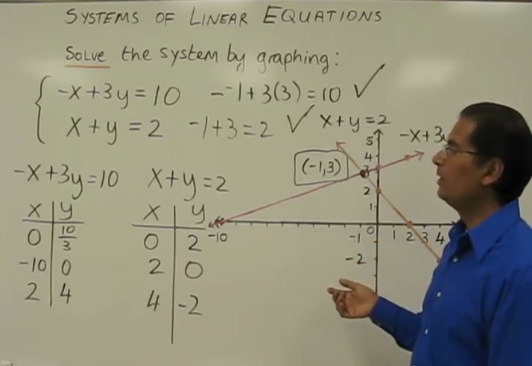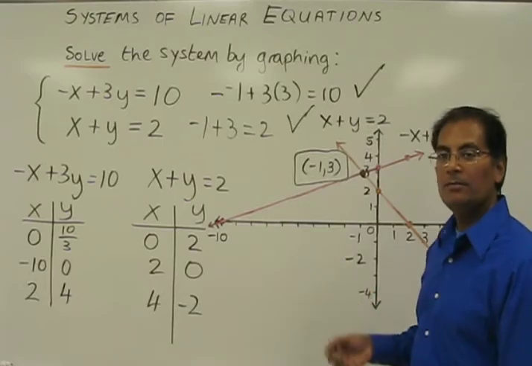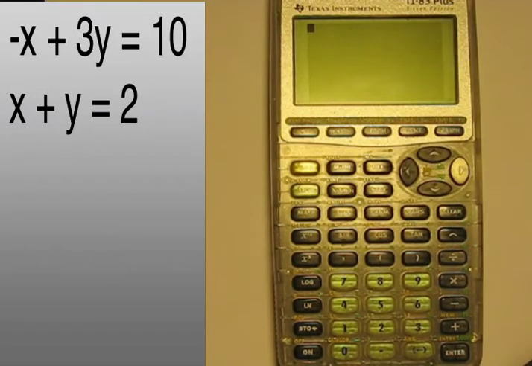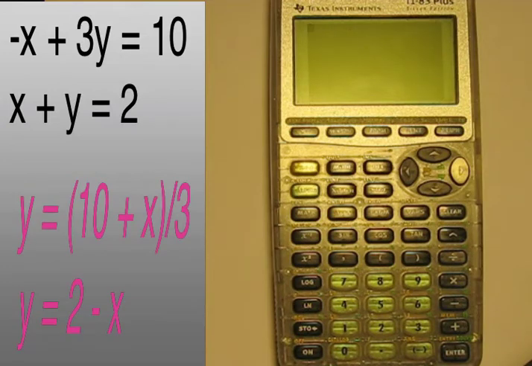So let's see how we can do that. Okay, if you want to solve the system of equations on a calculator, you first have to solve each equation for y. Negative x plus 3y equals 10: if we solve that for y, we get y equals 10 plus x, all divided by 3. Similarly, if we solve x plus y equals 2 for y, we get y equals 2 minus x.